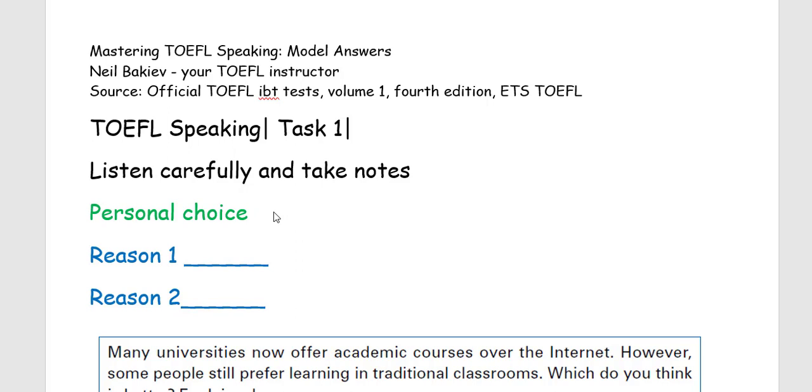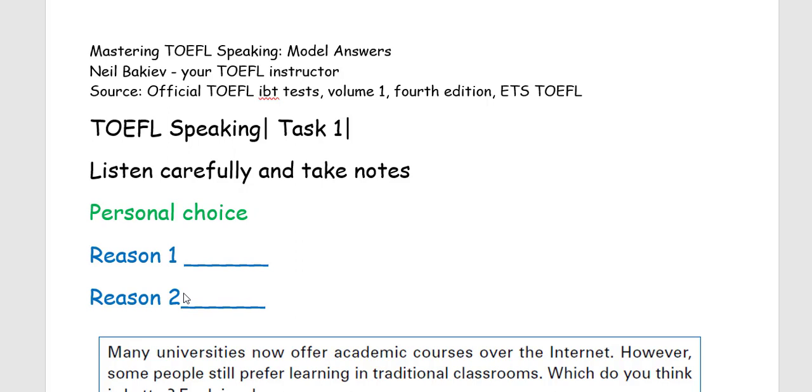So make your personal choice, okay? Then you should provide the first reason for your choice, and then you must provide the second reason for your choice. Write down only the key words. Don't write all sentences, okay, or long sentences. Write only the key words. And based on these keywords, you will give your presentation.